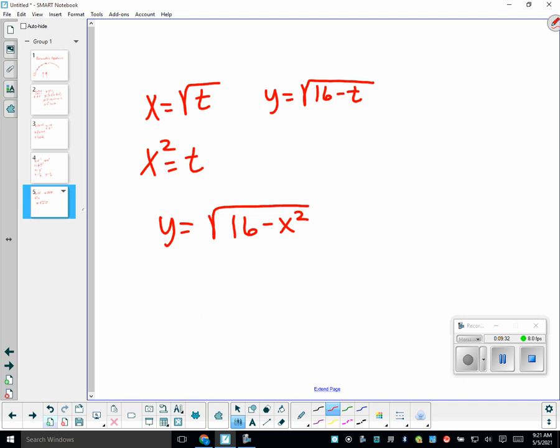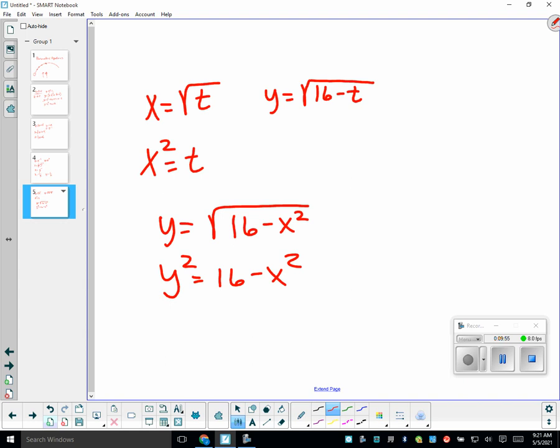You get y squared equals 16 minus x squared. What I'm asking is, is the radical of 16 minus x squared done? You cannot break it down. So exactly, this could be the answer.